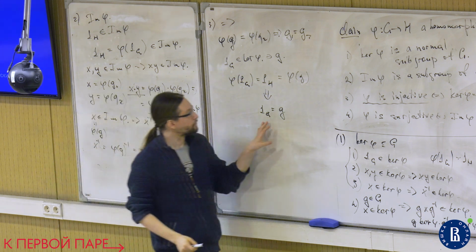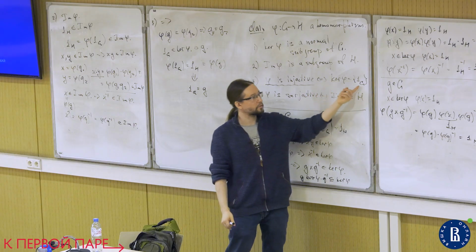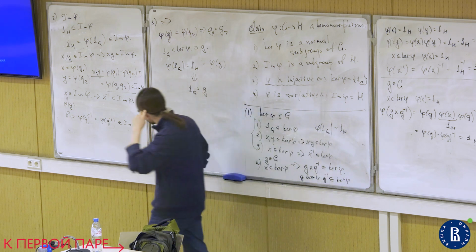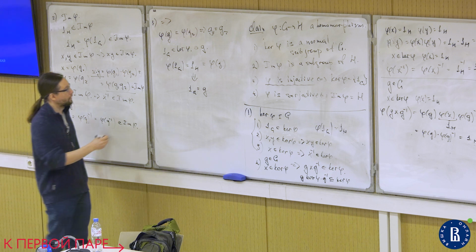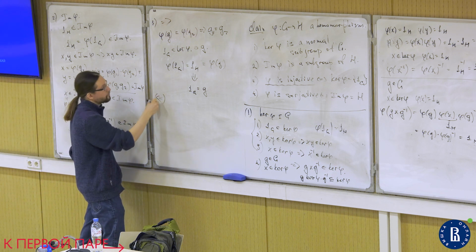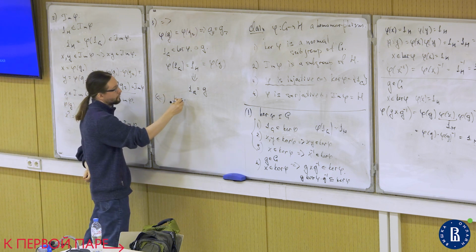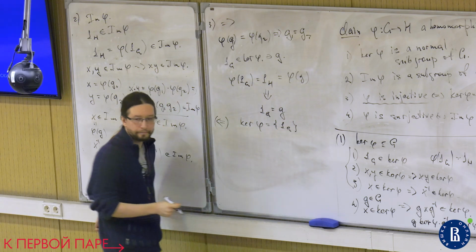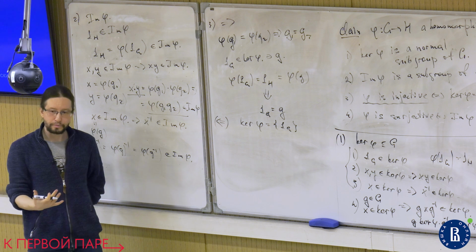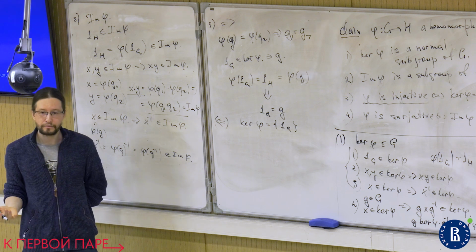So this proves that the only element of the kernel is just the neutral element of G, and there are no other elements. Okay, now the second part. I want to assume that the kernel of phi consists of one element only. Now I want to prove that phi is injective.